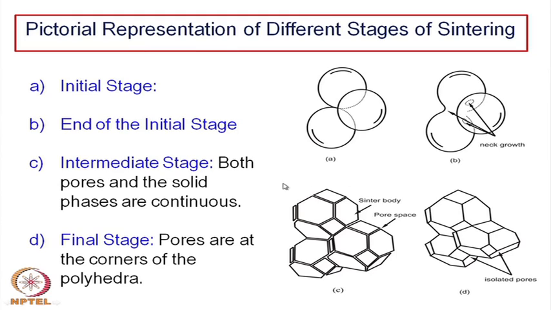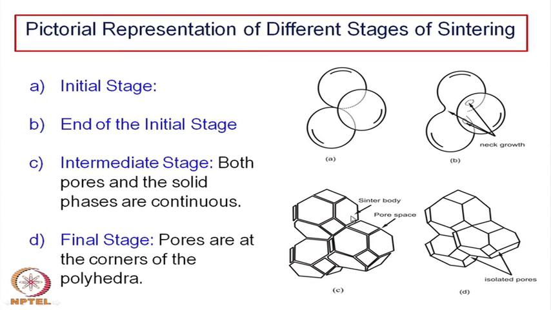Then we go to the intermediate stage, where, as you can see, from this to this there is quite a significant change in the geometry of the particles which were spherical in shape. Now a large number of polyhedra are put together, because more and more contact area has increased and planar surfaces have been created between the 2 particles. These polyhedra are basically grains now, having different planar faces.